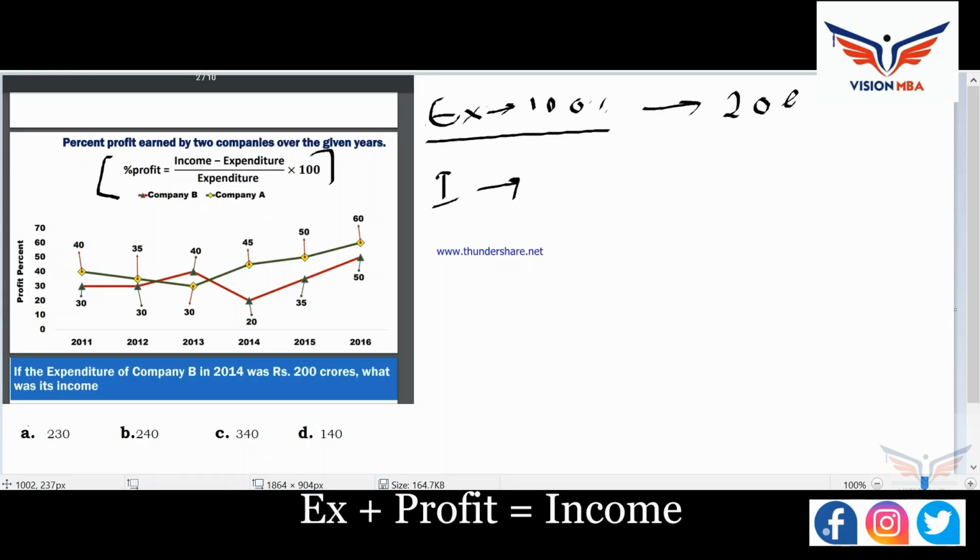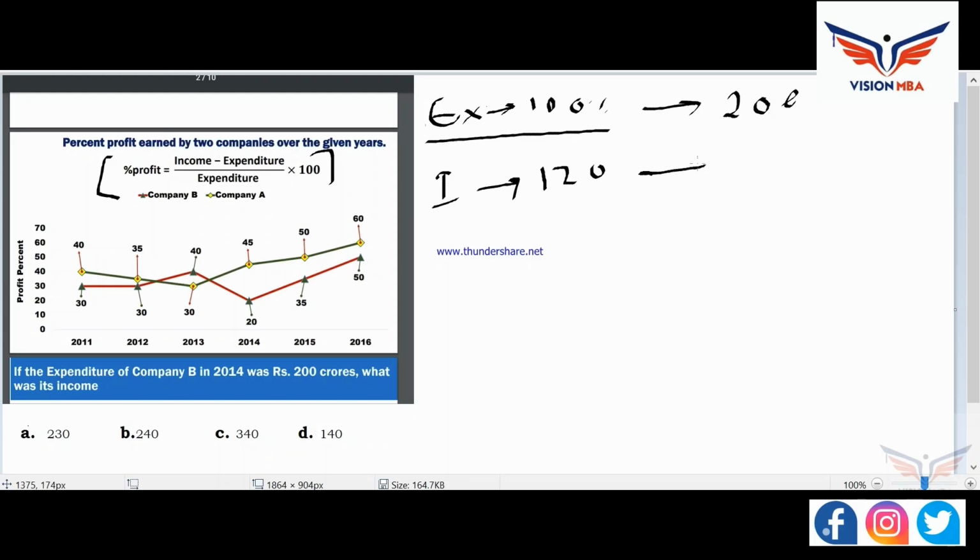So after adding your profit to your expenditure, income will be 120%. Now your only job is, if you observe, this is getting doubled, so this has to be twice to get your required answer, that is 240.